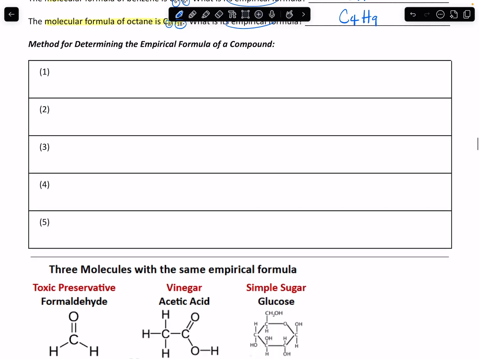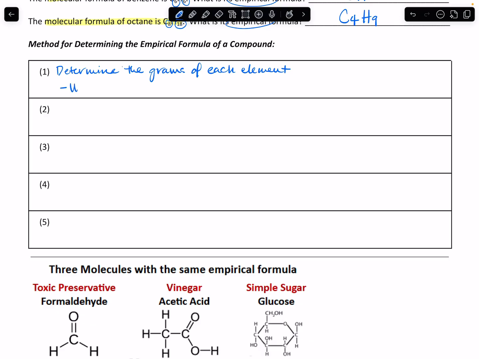All right. So there's a method that I like to run through when I do my empirical formula calculations, and that's what I'm going to teach you. And then I have this little jingle that I like to use, which we'll end with. So the rules first. The first thing you need is to determine the grams of each element.